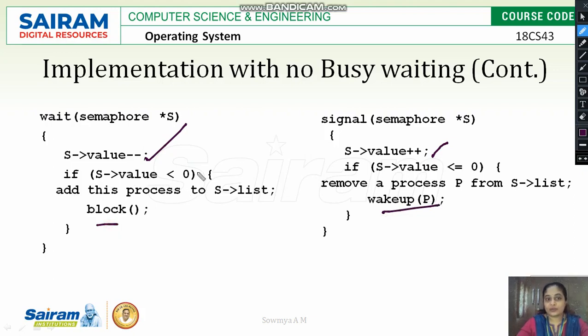If the S value is less than 0, then add this process to the S list, which means the process will be blocked. If the S value is less than or equal to 0, then remove a process from the list of blocked processes, and that single process will be woken up. Instead of waking up all the processes in the list, one process which has to be executed next will be woken up.